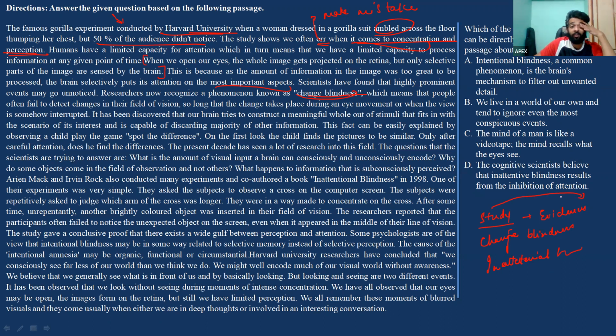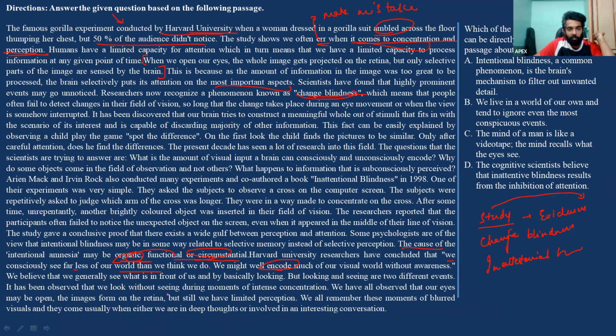The study is showing the evidences. And when we come to the end of it, he's talking about the cause of intentional amnesia, maybe organic, functional, or circumstantial. Another 3 good words which we can discuss. So he's asking, Harvard University researchers have concluded that we consciously see far less of our world than we think we do. We might well encode, another word, much of our visual world without awareness.